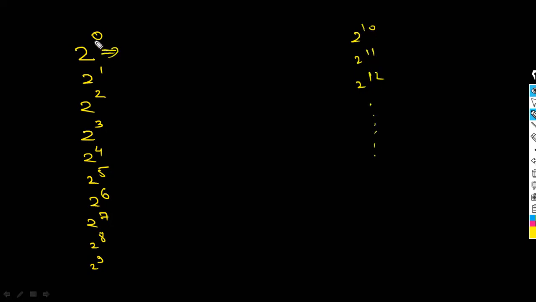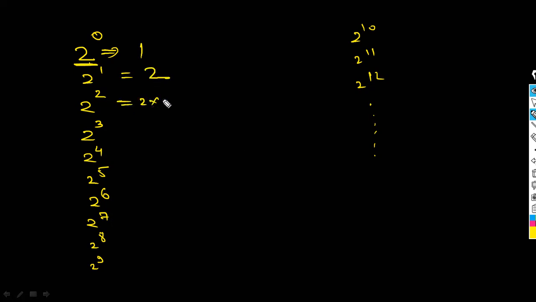So power 0 of any number always means 1, no matter what the value is. So here also we start with 1, and 2 raised to the power 1 is again 2.